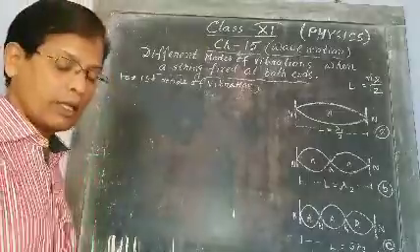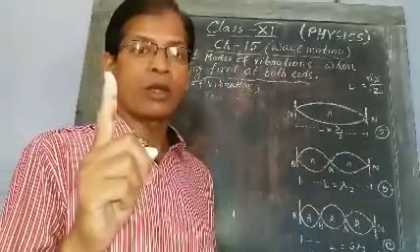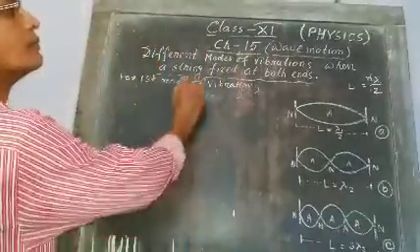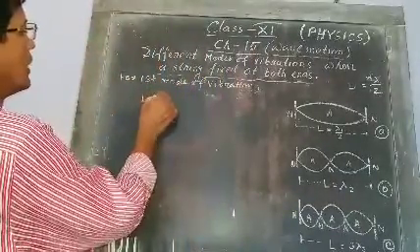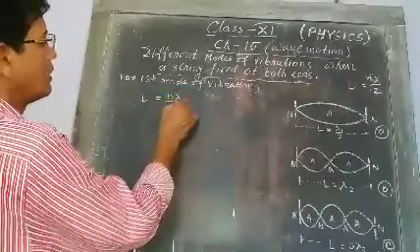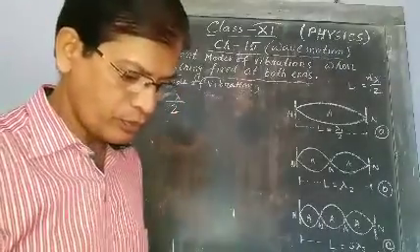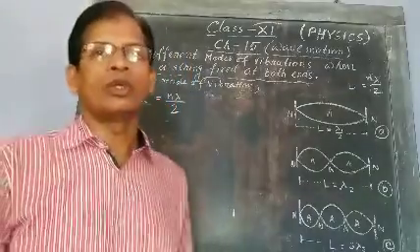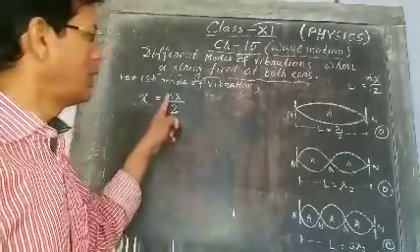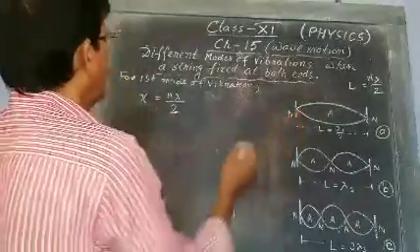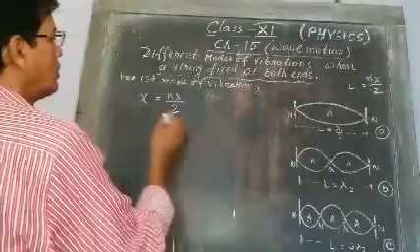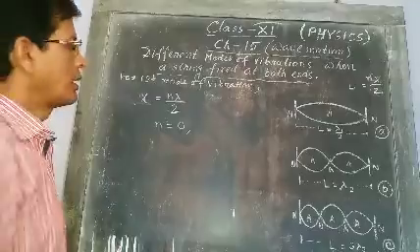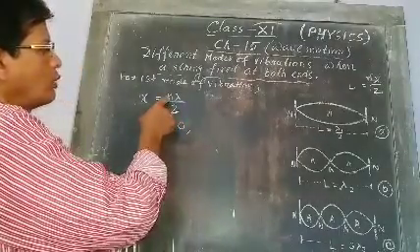But what is the expression to find the distance where the node will be obtained? x equal to n lambda by 2. So when n equal to 0, you will get node. When n equal to 1, then lambda by 2.